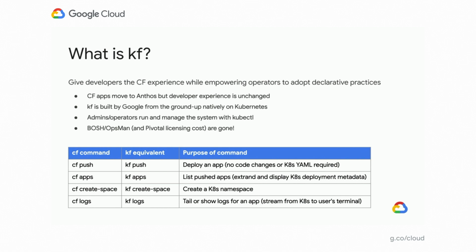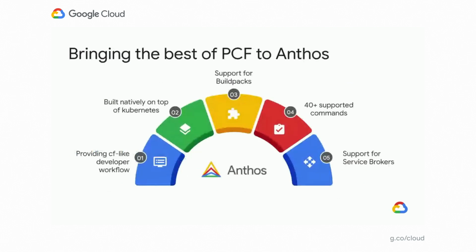We do not use any of the Cloud Foundry components. So that means that organizations no longer have to pay the subscription or licensing cost behind Cloud Foundry, say, implementation like for Pivotal. And administrators can operate the platform using kubectl. And below are listed some of the commands which are supported as part of CF.